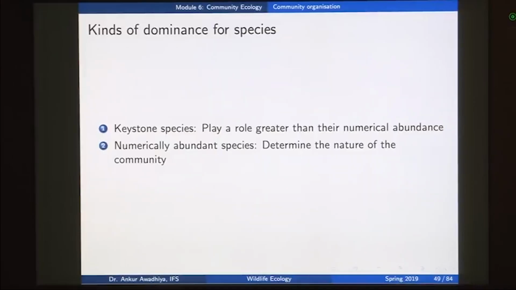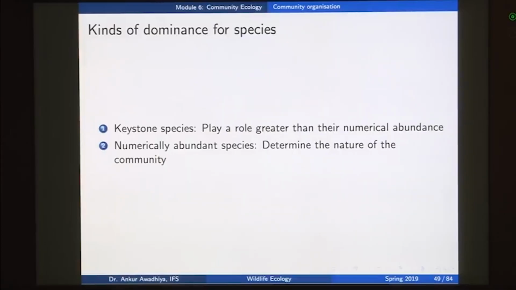It is able to regulate the characteristics of the community, and a good example is the sal trees in a sal forest. Because we have so many sal trees, the environmental conditions or the habitat conditions for all different species in the sal forest community are determined by the sal trees, because they are very tall and have a canopy.